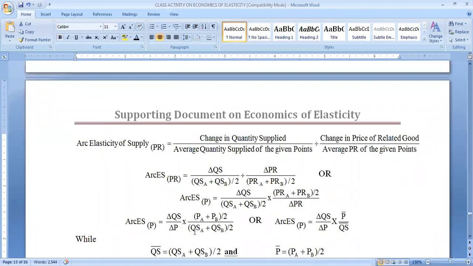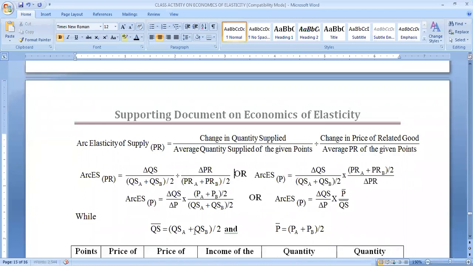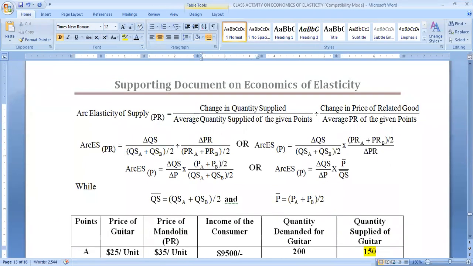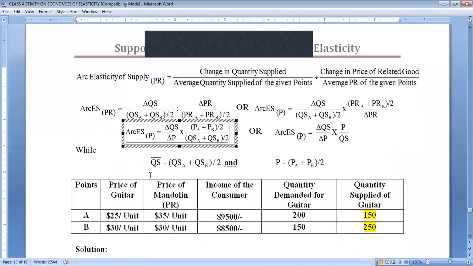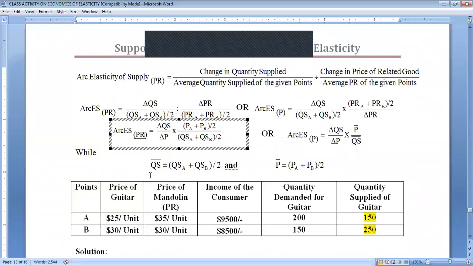Furthermore, it can be written as arc elasticity of supply with respect to price of related goods equals delta QS over delta PR multiplied by average price of related goods divided by average quantity supplied of 2 points.